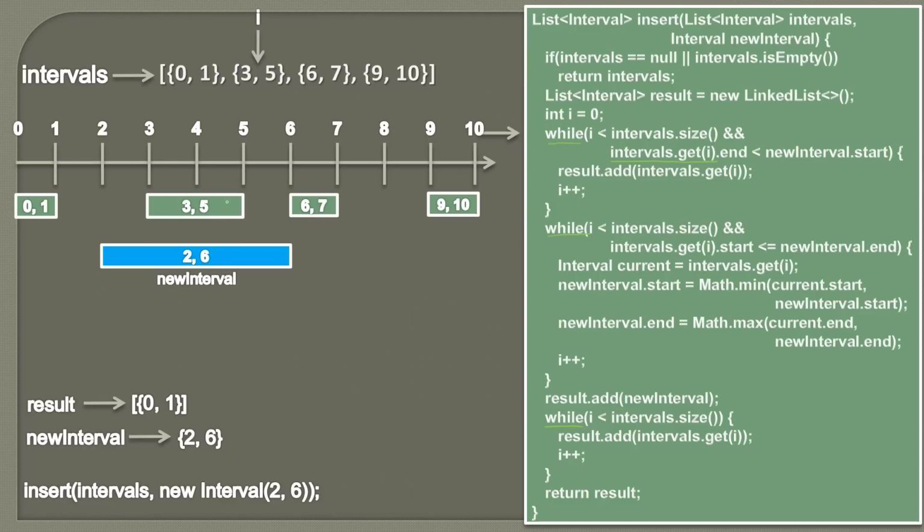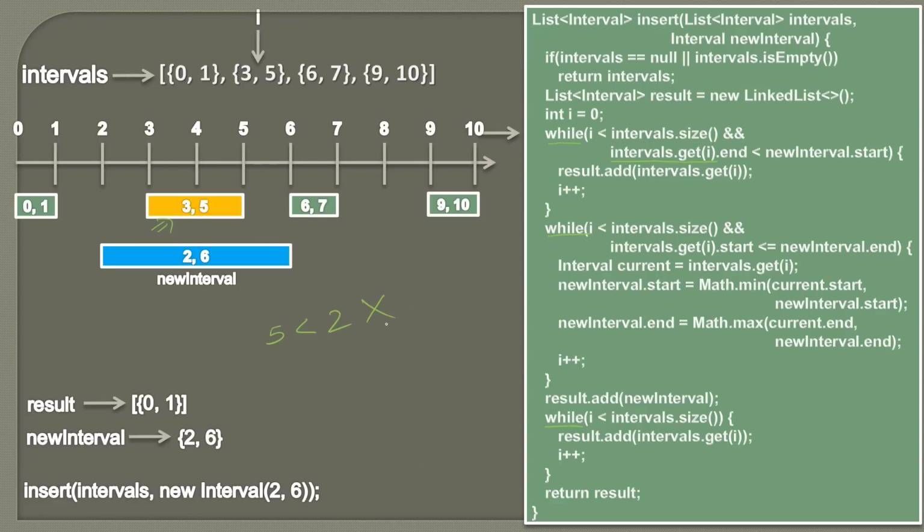Now we are at 3, 5. We check whether this interval's end is less than new interval.start. So here this interval dot end, which is 5. We check whether it is less than new interval.start, which is 2.